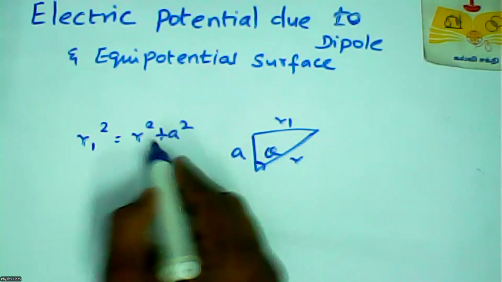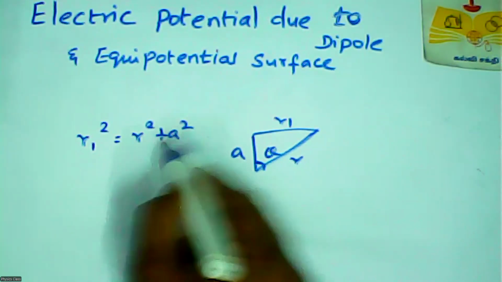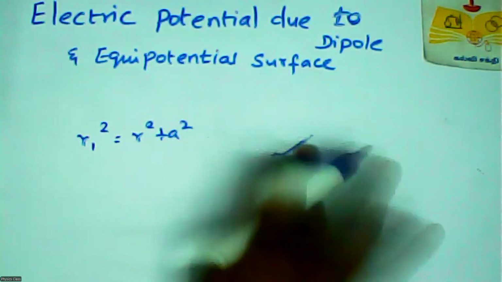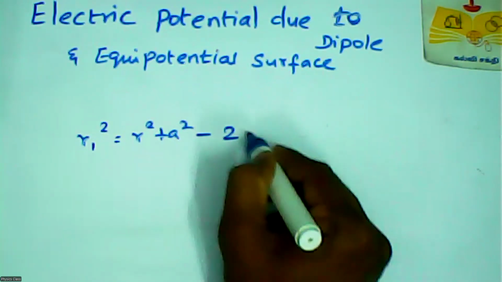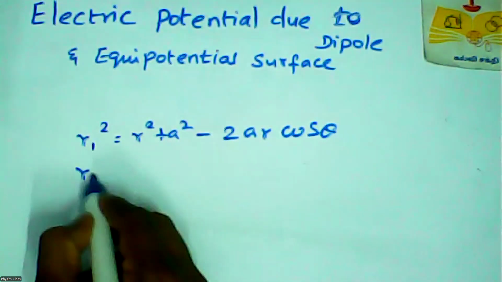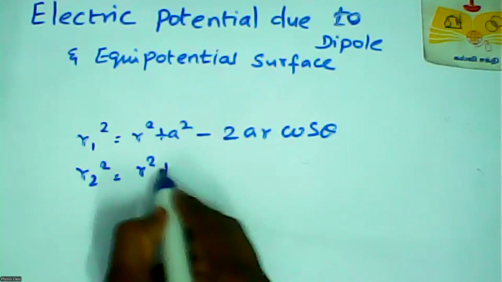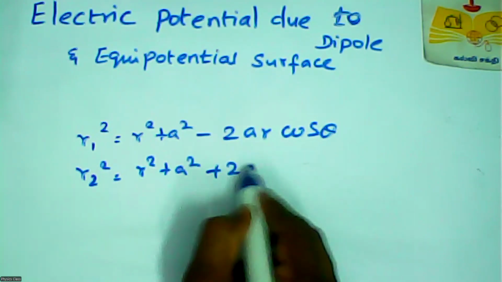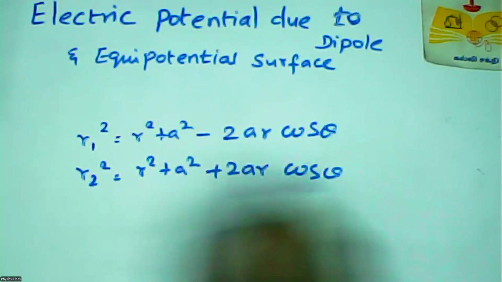So R1 square is equal to R square plus A square minus 2AR cos theta. For R2 square, R square plus A square plus 2AR cos theta.